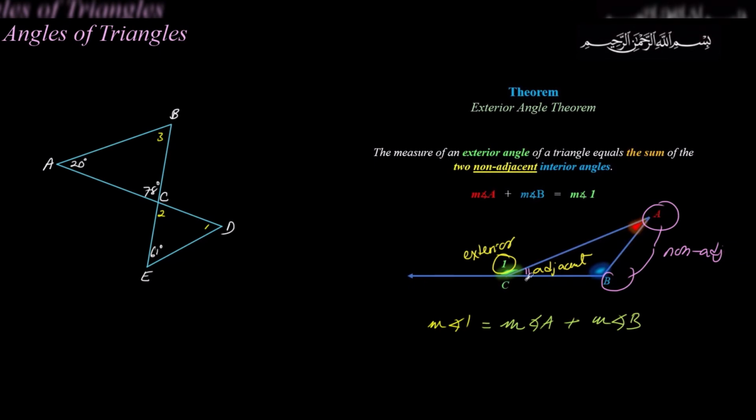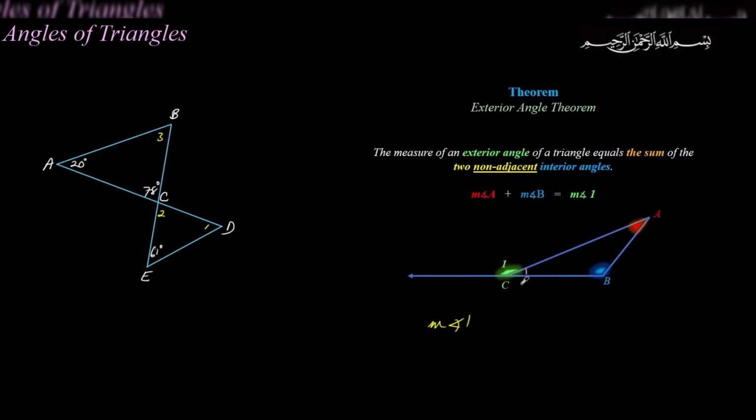Now you have to say this theorem a couple of times out loud until you feel comfortable with how it is articulated, and that's kind of important actually, because you have to be able to recount these theorems. So the measure of an exterior angle of a triangle equals the sum of what? The sum of the two, not one, there are two of them, the sum of the two non-adjacent interior angles.